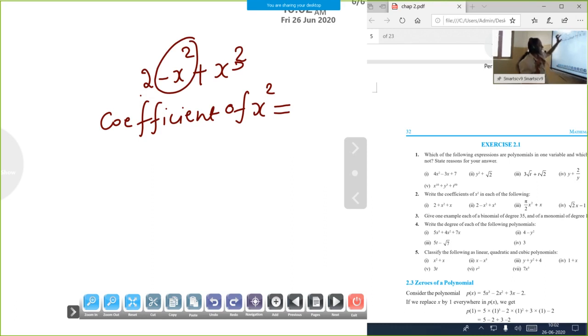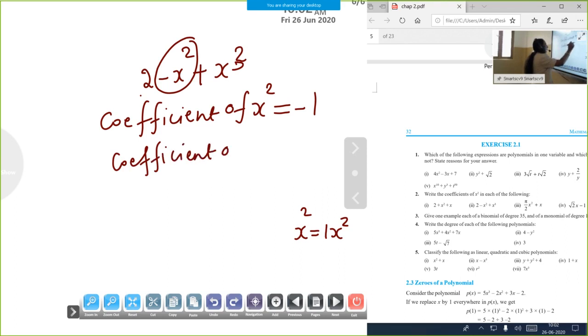There is no number there. X square means 1x square. So this 1, and what is the sign there? Minus 1. So coefficient of x square is minus 1. And what is the coefficient of x cube? Here also x cube means 1x cube. So the coefficient of x cube is 1.